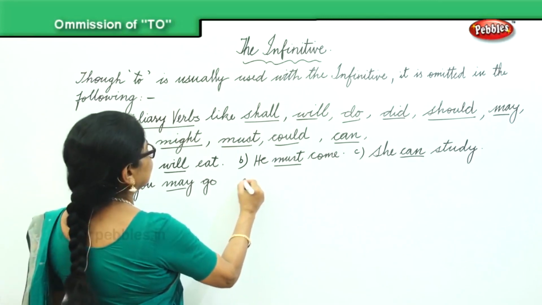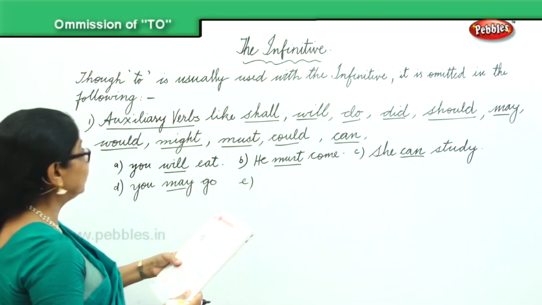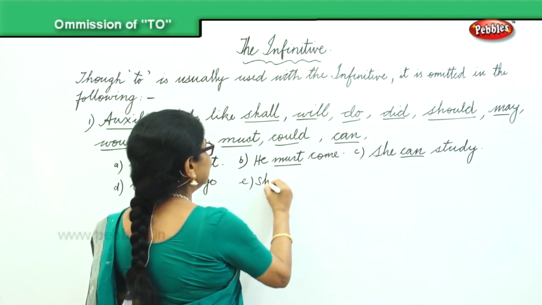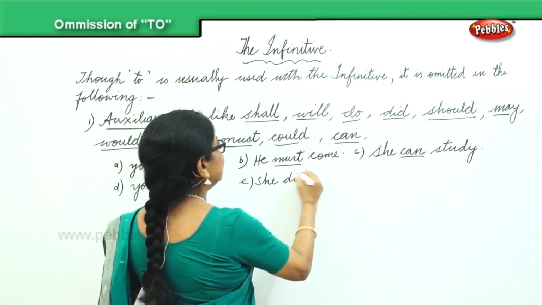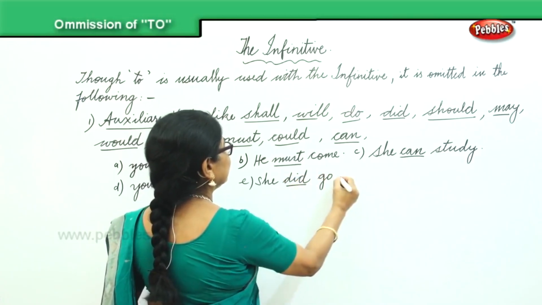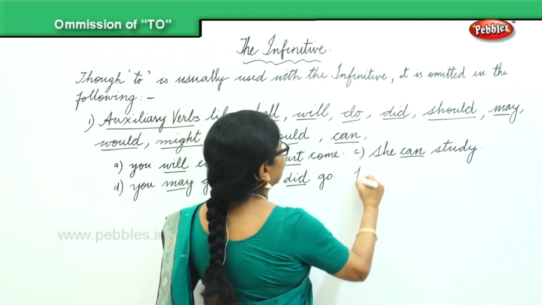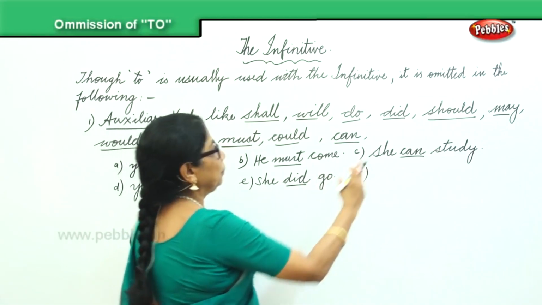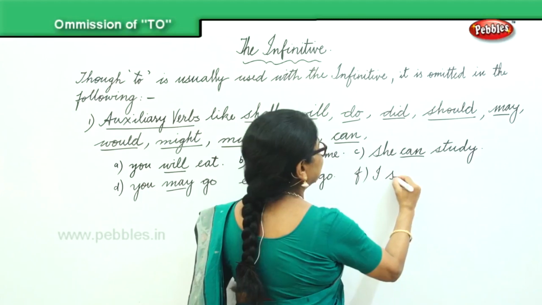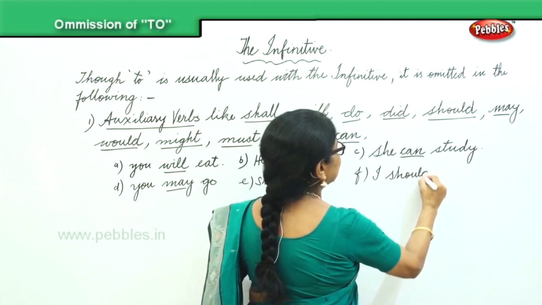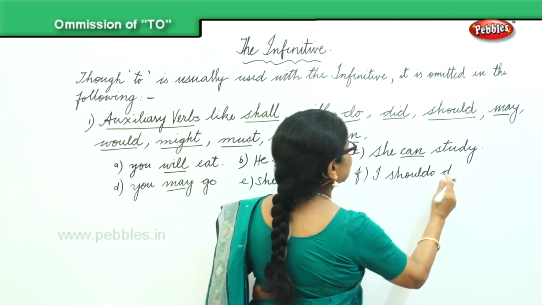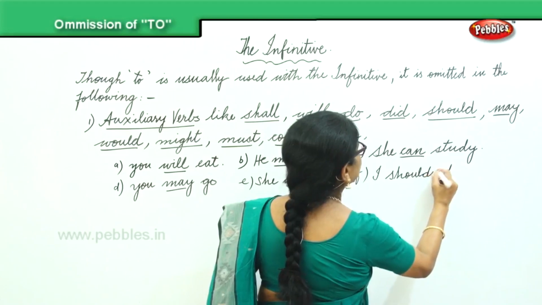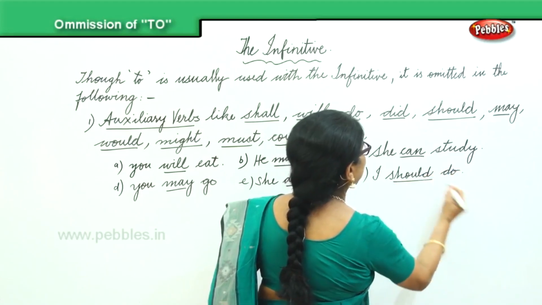Then we have other words. Did. He did come. Or you can say, she did come. Or she did go. Whatever. Then we have should. I should do my homework, whatever.